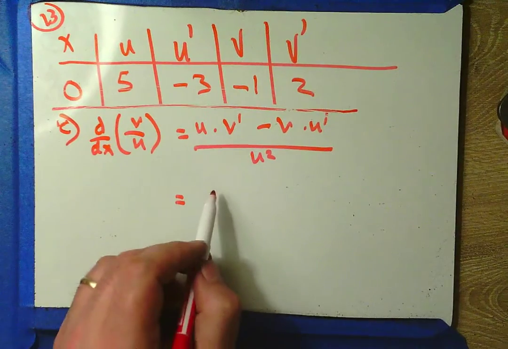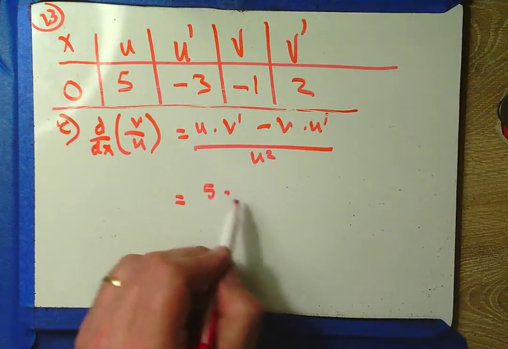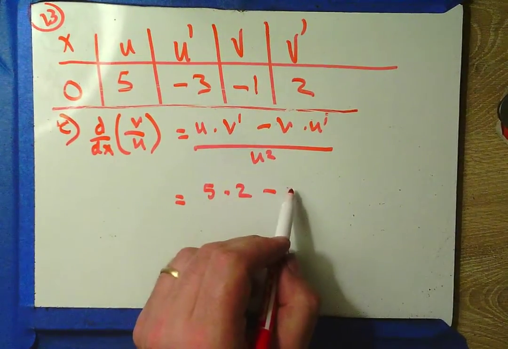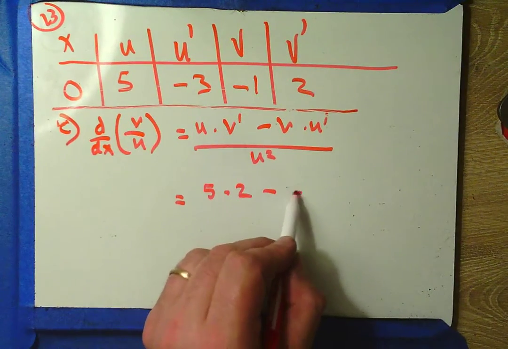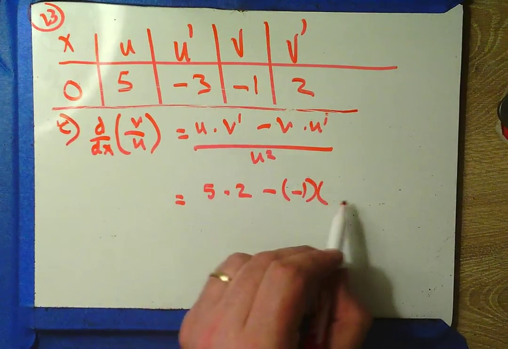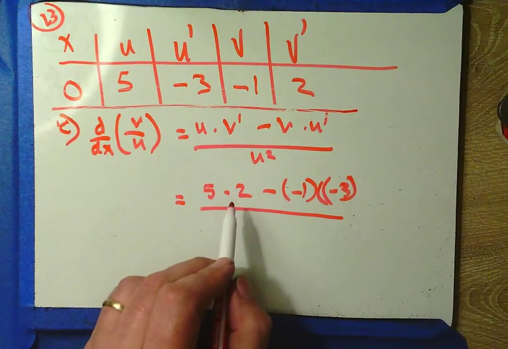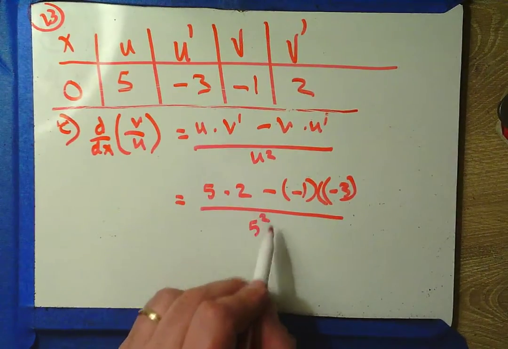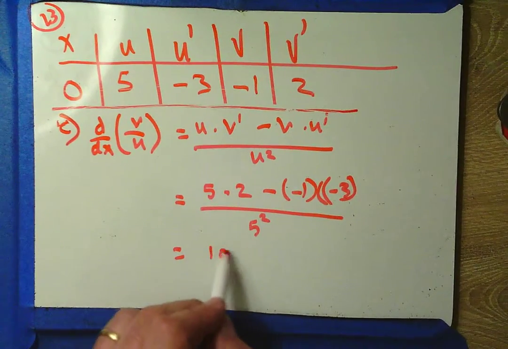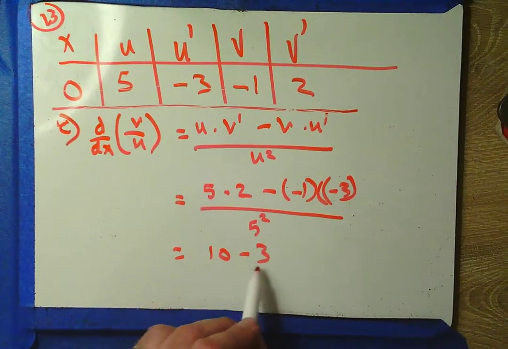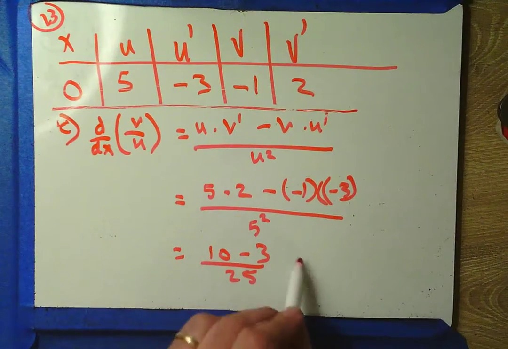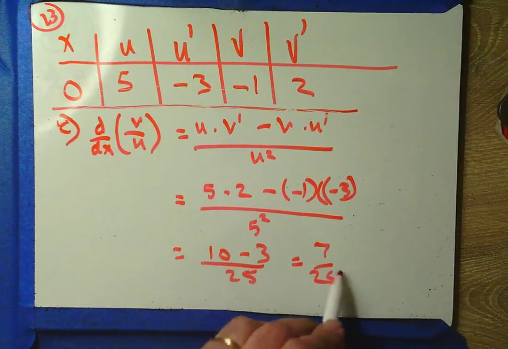So when we evaluate, we're going to have 5 times 2 minus negative 1 times negative 3, all over u of 0 squared. So I've got 10 minus 3 over 25, which is 7 over 25.